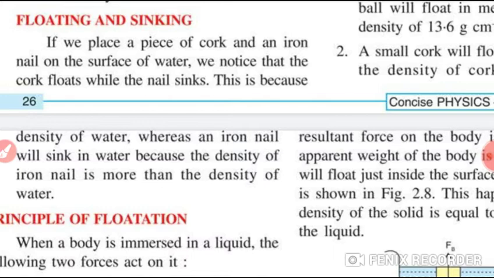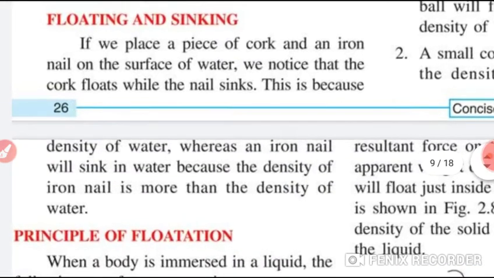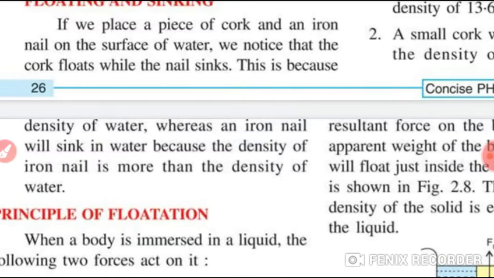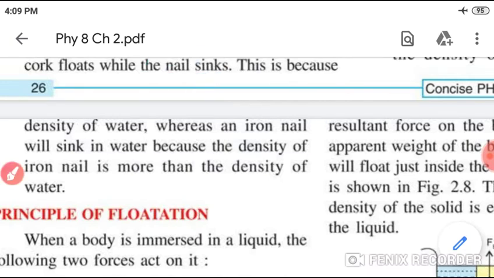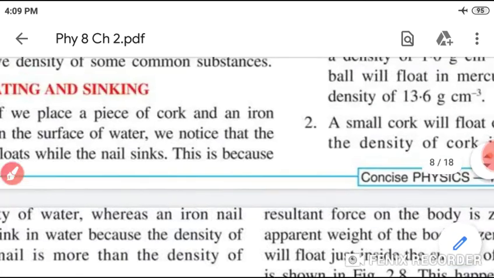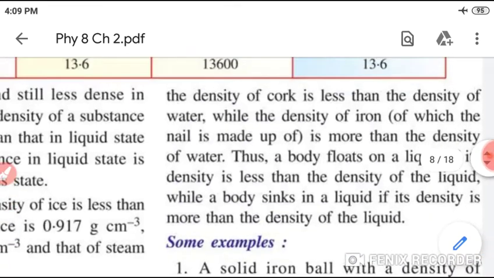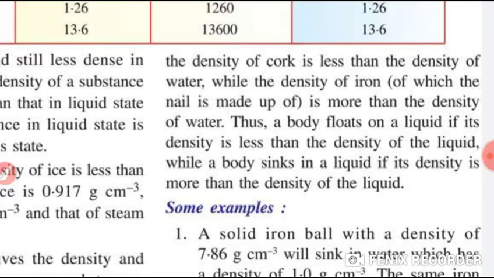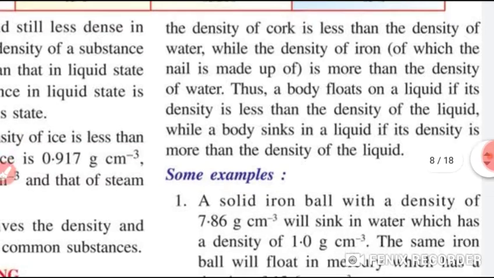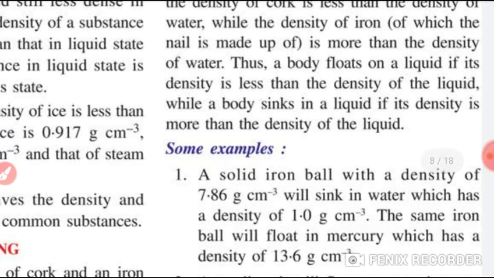Students, if we place a piece of cork and an iron piece on the surface of water, we will notice that the cork floats, while the nail sinks. Why is this? This is because the density of cork is less than the density of water, while the density of iron is more than the density of water.